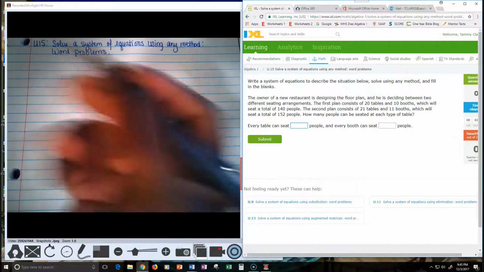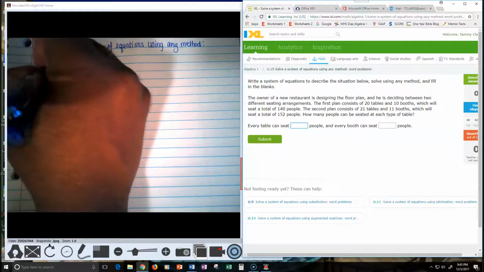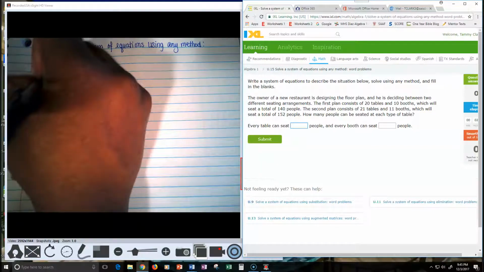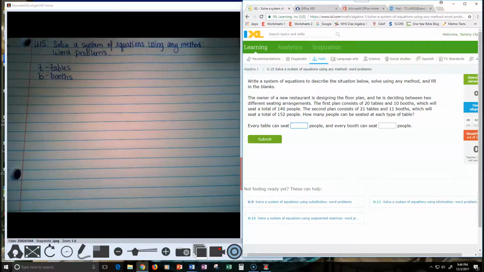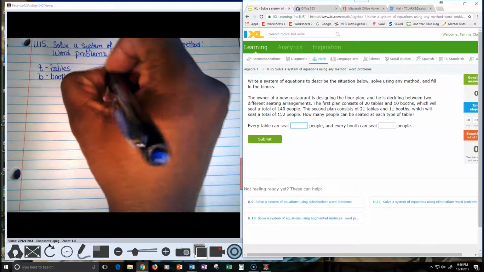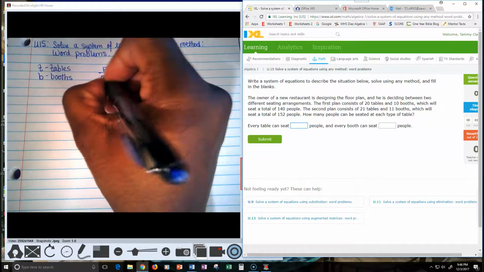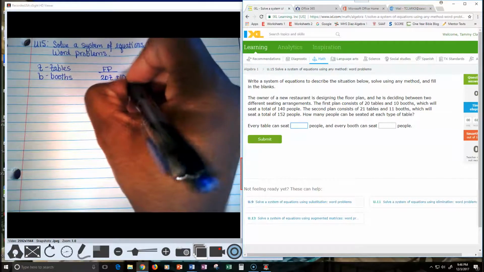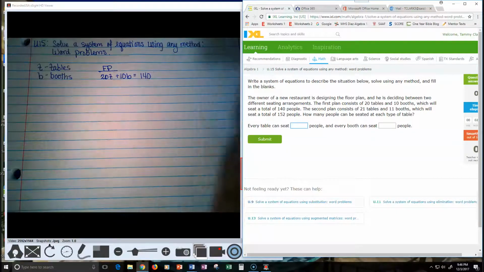So first off, let's go ahead and separate what we have. We know we have tables and booths, so I'm going to make my variables T for tables and B for booths. On the first plan, he's got 20 tables, so 20 multiplied by T, plus 10 booths, and that will seat a total of 140 people.